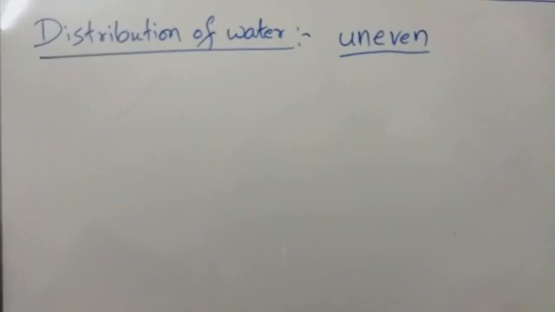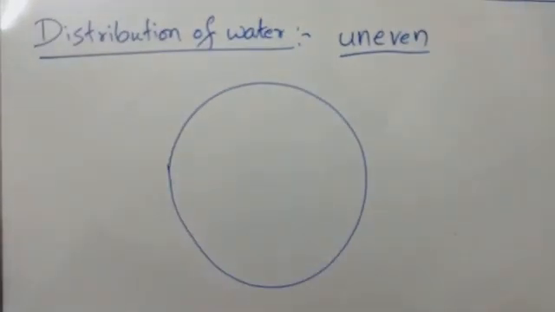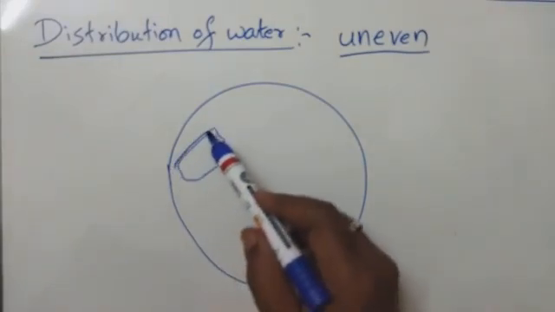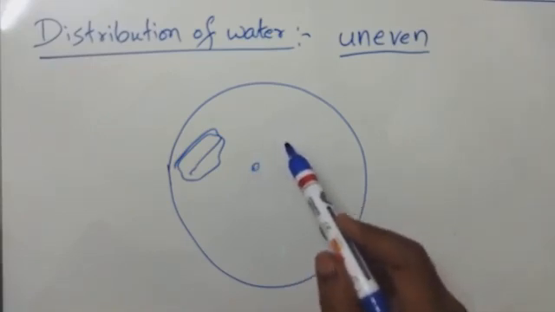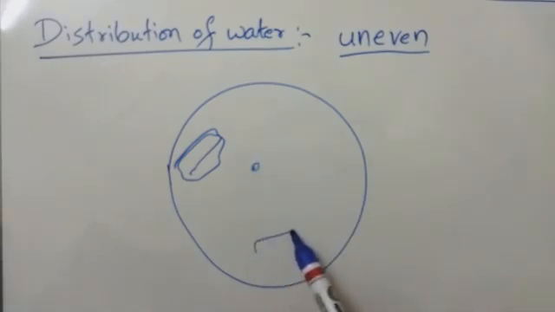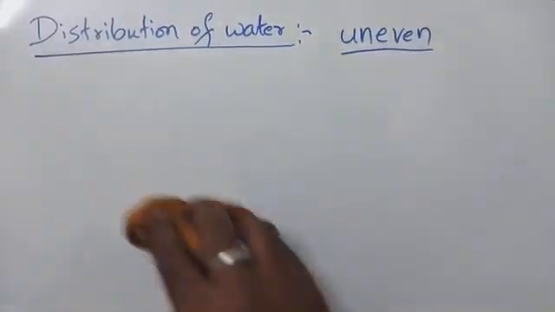Even means having same thing. Uneven means not having same thing. So if you take our entire globe, at one part huge amount of water, at another part very less water, at some other part no water, at some other part middle level water. Like that, the water is distributed unevenly.